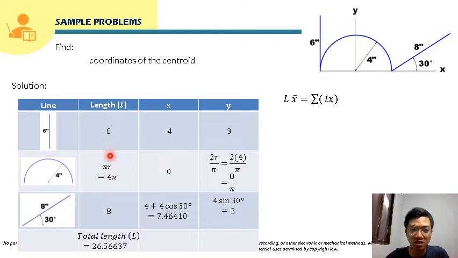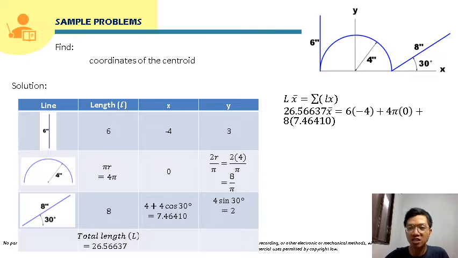So we sum this up: 6 plus 4 pi plus 8, and the answer is 26.56637. Then for small letter L and x, we will just sum up length L times x.